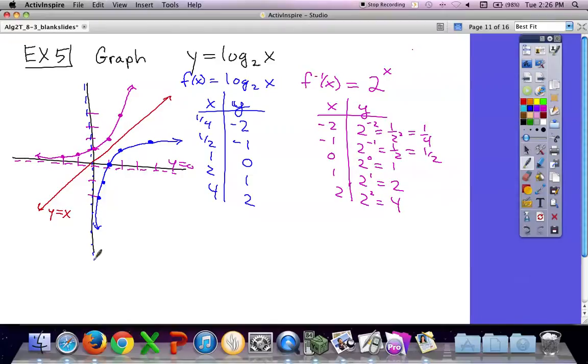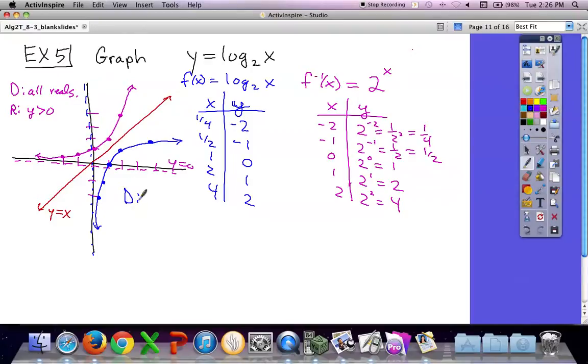The exponential had a domain of all reals. It had a range of y greater than 0. Then the logarithm, because domains and ranges, just like x's and y's, switch. Right?